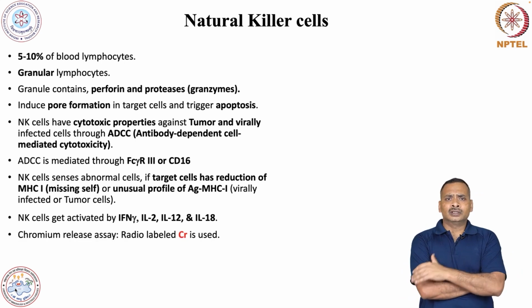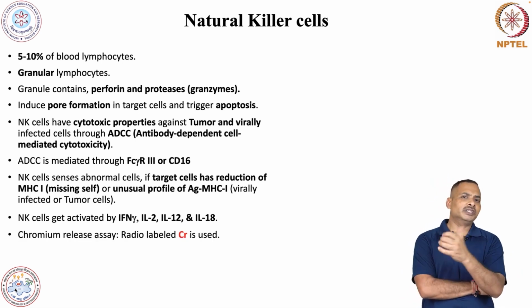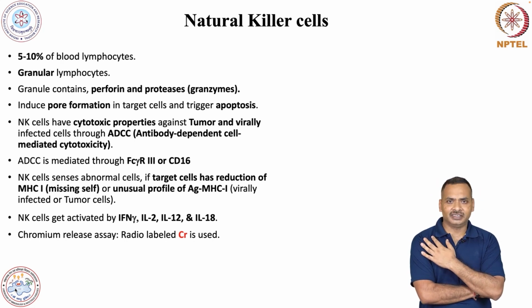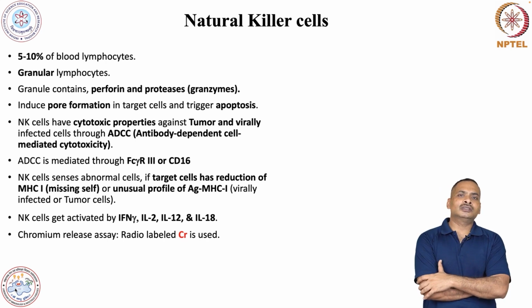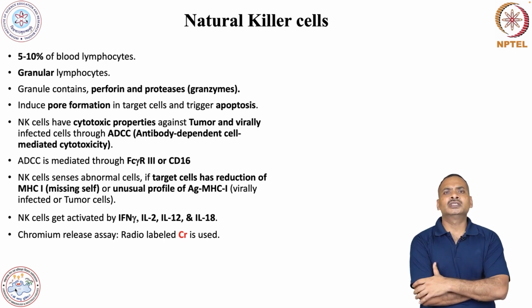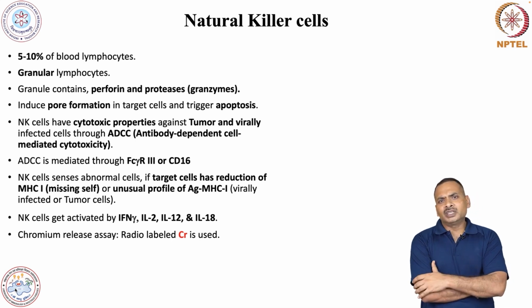Now there is one simple question: how can we measure the NK cell activity, whether they have killing capacity or not? So we do one experiment which we call a chromium release assay. This chromium release assay is a very simple experiment.